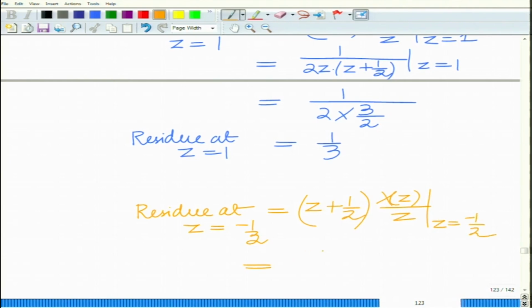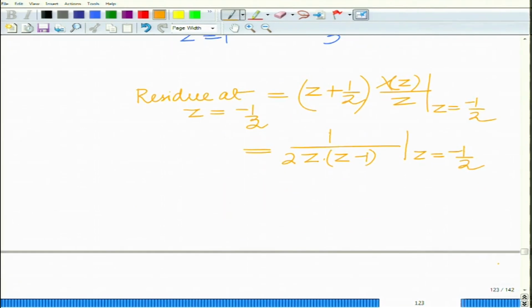So, this will be 1 over twice z into z minus 1 evaluated at z equal to minus half. So, this will be 1 over twice into minus half into z minus 1, which equals minus 3 over 2. So, this will be plus 2 over 3 actually.